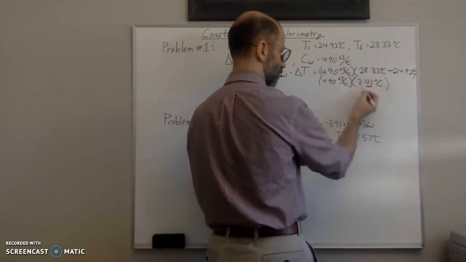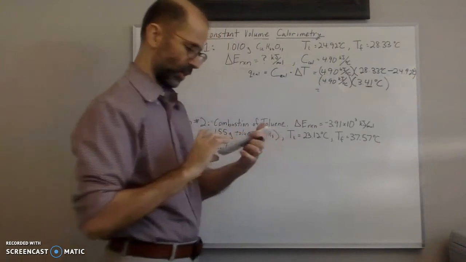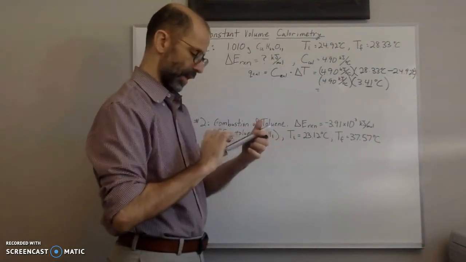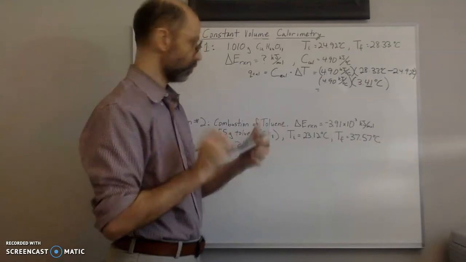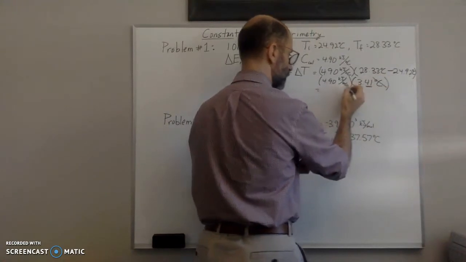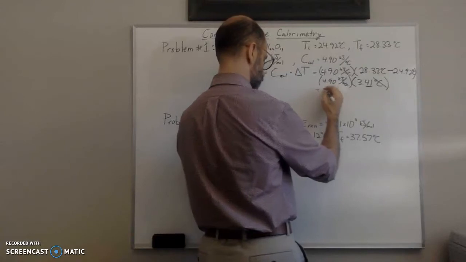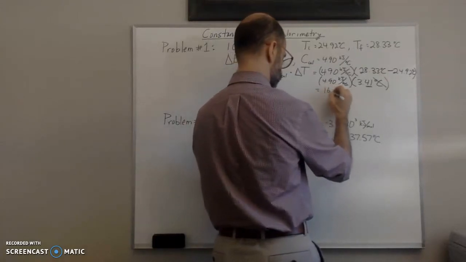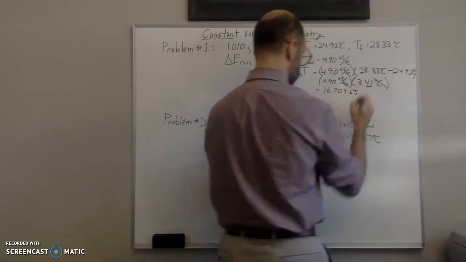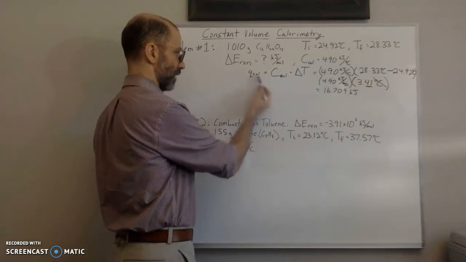This has 3 sig figs, this has 3 sig figs, so our final answer should have 3 sig figs. So we multiply that by 4.90 equals, and you'll notice that the degrees Celsius cancel out, leaving us with kilojoules. This is going to give us 16.709 kilojoules for the amount of heat picked up by the calorimeter.